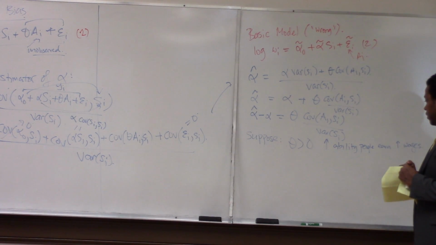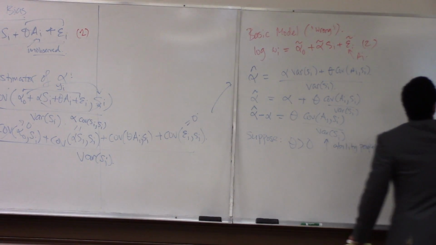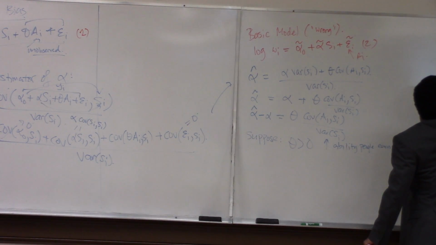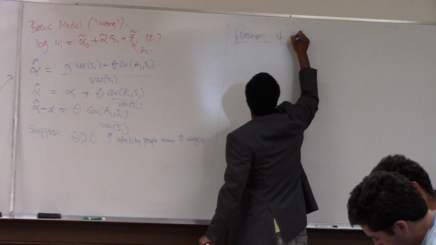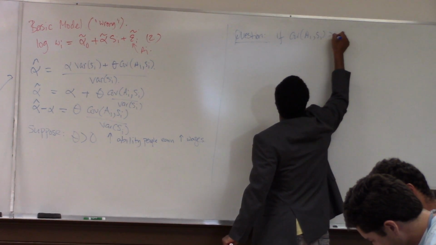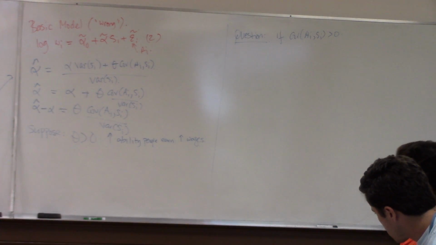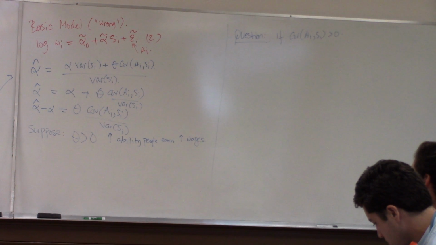Okay. Now, the question becomes, if the covariance between ability and schooling is positive, what does that mean? What's the interpretation of that?